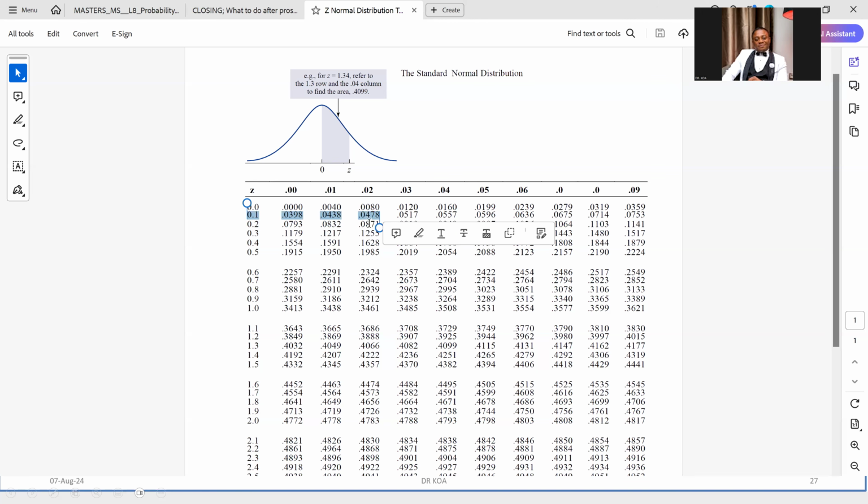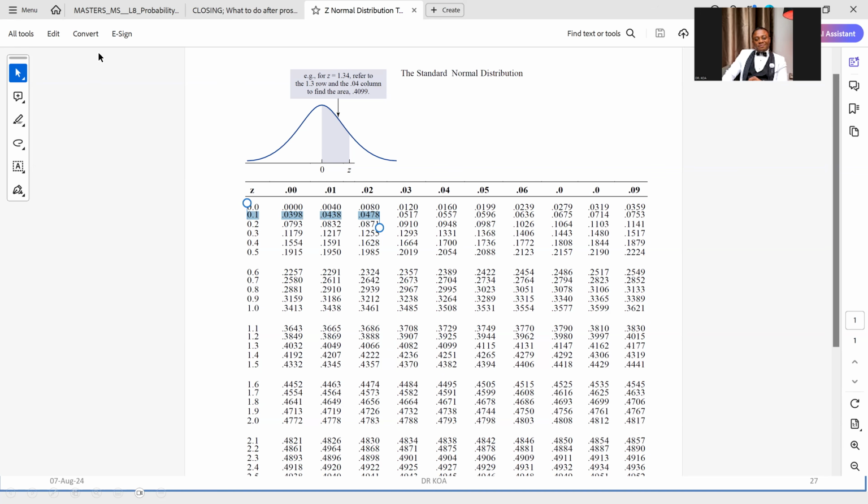You read it here, 0.0478. So that is how it's supposed to be.